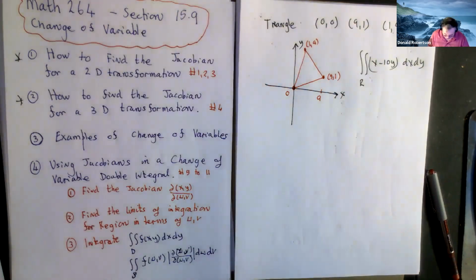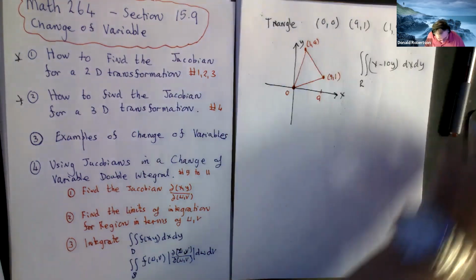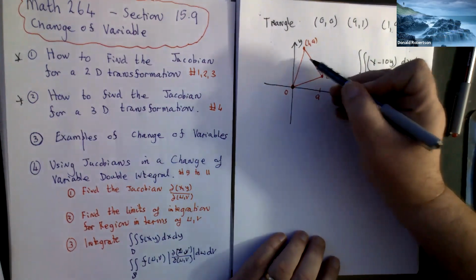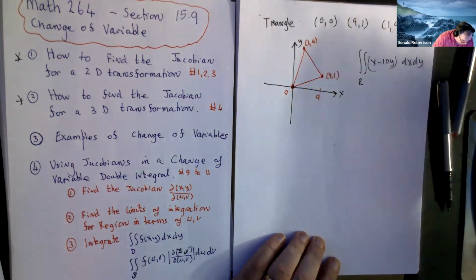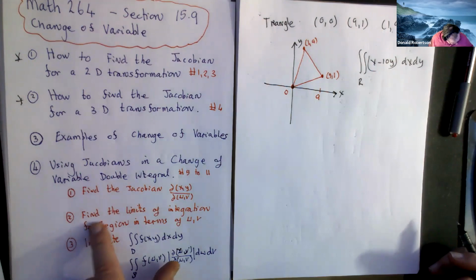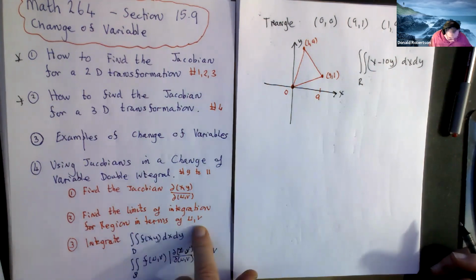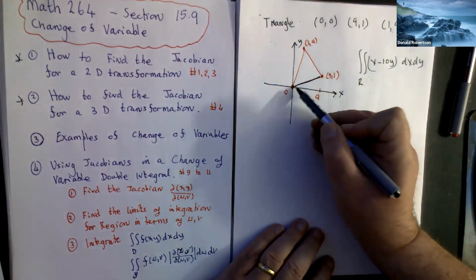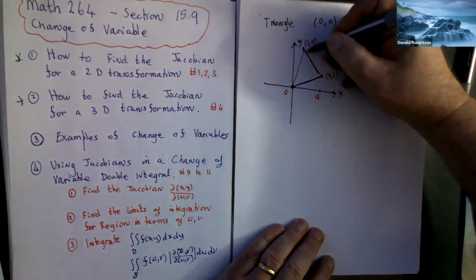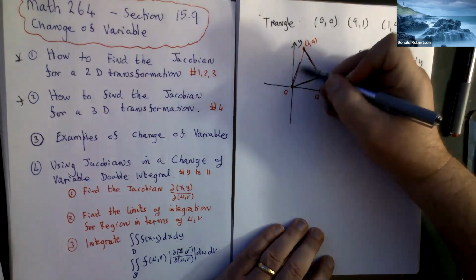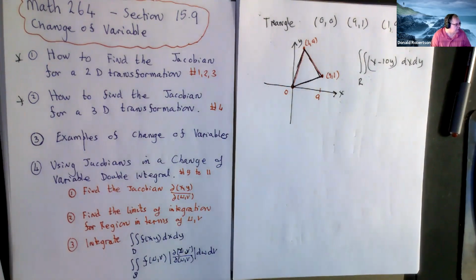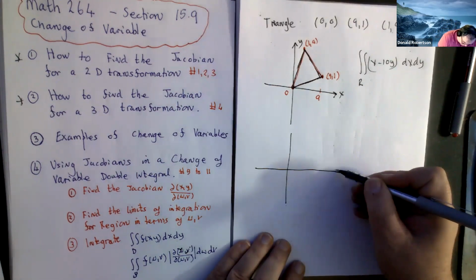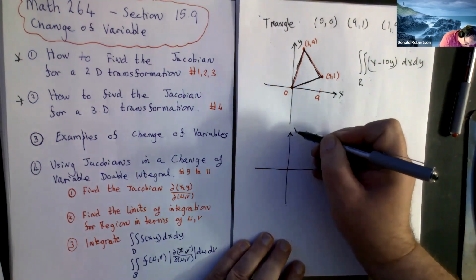It is possible to do it in terms of X and Y, but not very practical. So this stage, finding the limits of integration for this region in terms of U and V, is basically going to get us to figure out what each of these lines that make up this triangle looks like in a new space, which I'm going to call the UV space.